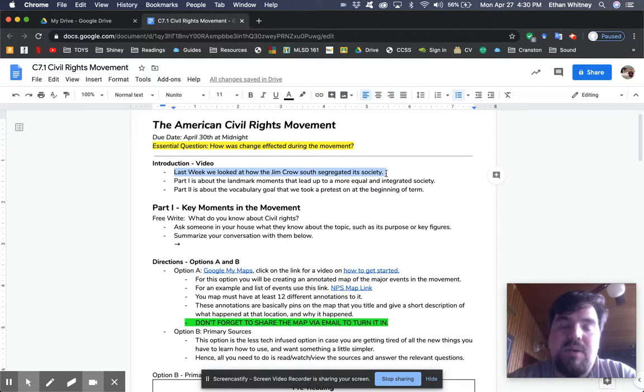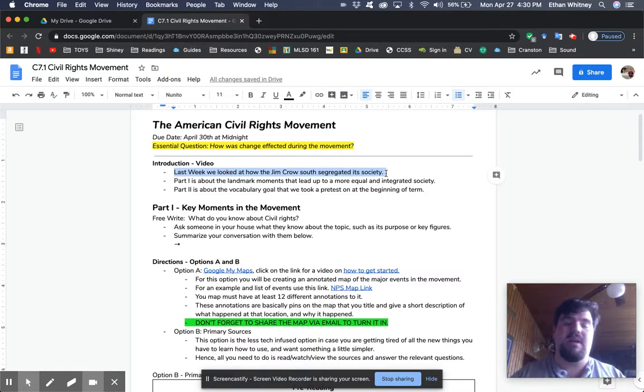So last week we saw how blacks and whites, African Americans and Caucasians, were divided up, from the most basic things like a stupid drinking fountain, to which door you could use, to where you could ride on the bus. They wanted to make it separate as much as possible, but not just separate, in particular unequal, because the Supreme Court said you could separate society as long as it was equal.